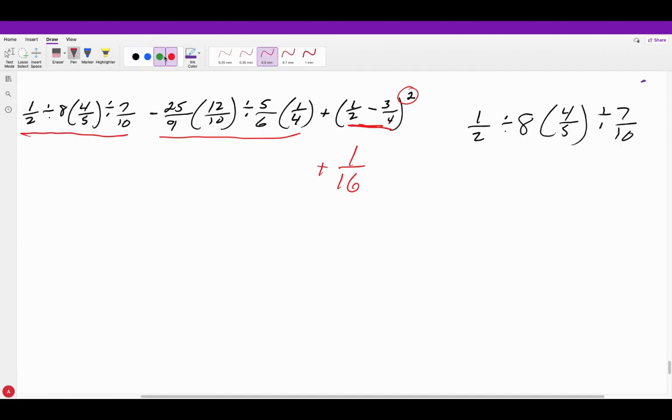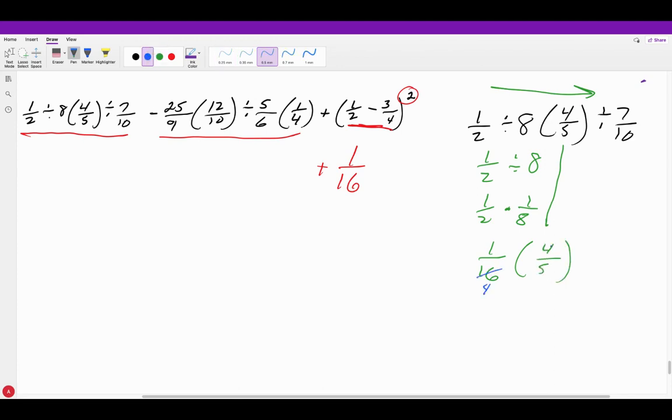So remember, when we're doing multiplying and dividing together, even though our PEMDAS says M before D, it doesn't mean that multiplying comes first. We need to go left to right. So first I'll do 1/2 divided by 8, which becomes 1/2 times 1 over 8, which is 1 over 16. Then I'll bring down this multiplying by 4 over 5. And that 4 and that 16 can reduce because 4 goes into 16 4 times and 4 goes into 4 once.